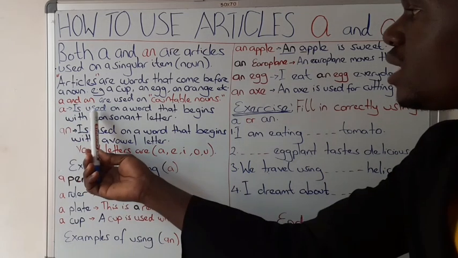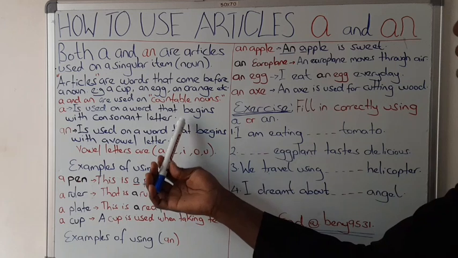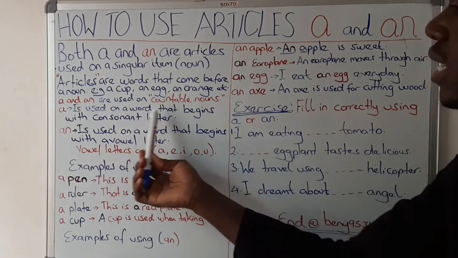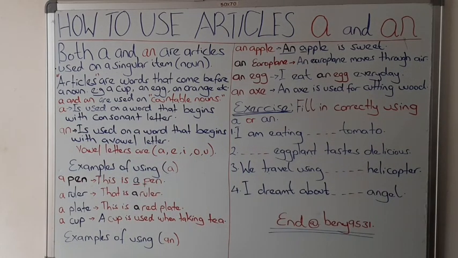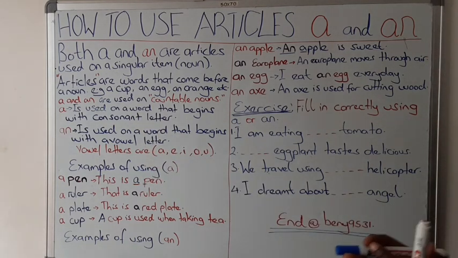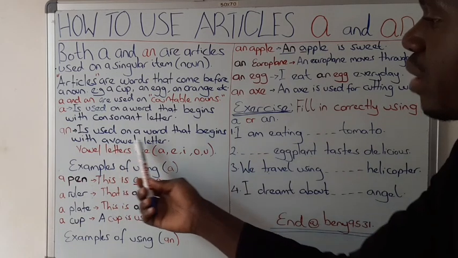So a is used on a word that begins with a consonant letter. Once again, article a is used on a word that begins with a consonant letter, and we looked at consonant letters in playlist 1. Refer to the video about consonant letters. So an is used on a word that begins with a vowel letter.